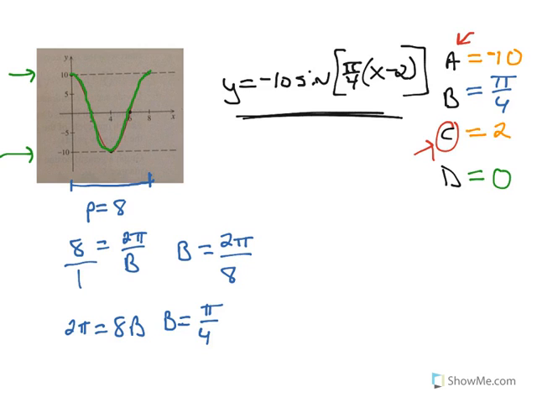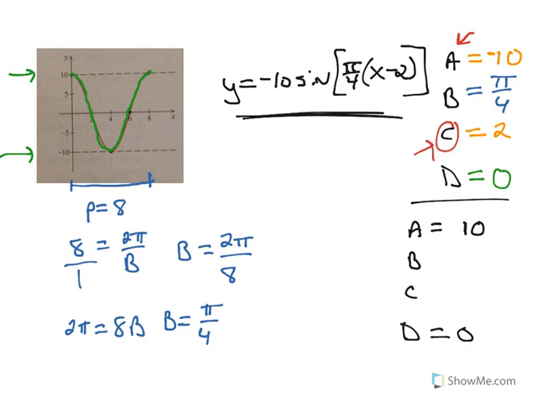So let's see how things change. We'll say A, B, C, and D. The midline is still on the x-axis, so your d value will still be 0. Your a value is going to be 10. Your amplitude is still 10. That's the height of the graph. But it's not upside down. Since we're not looking at an upside down sine wave, it's actually a right side up cosine wave.